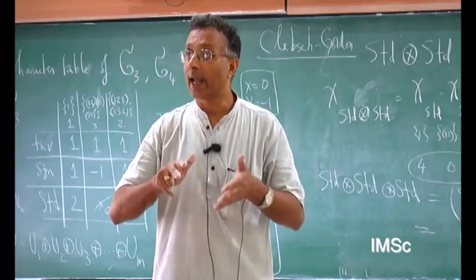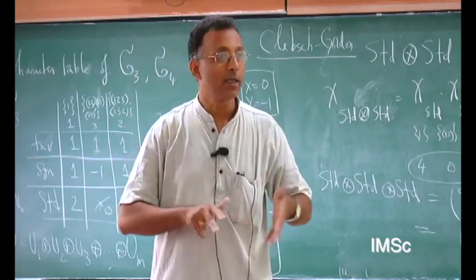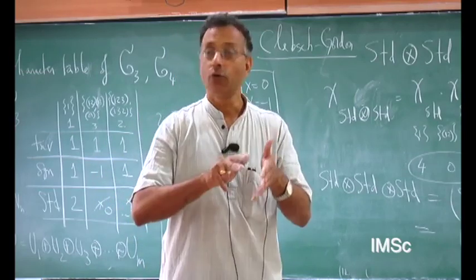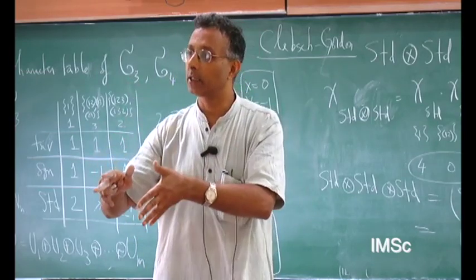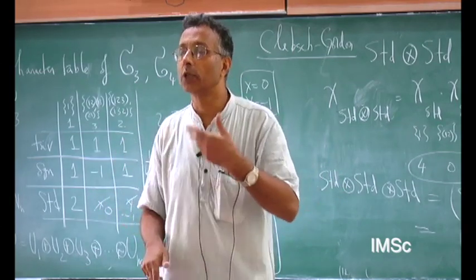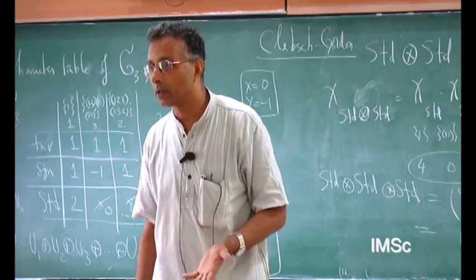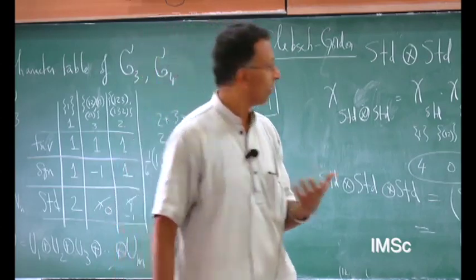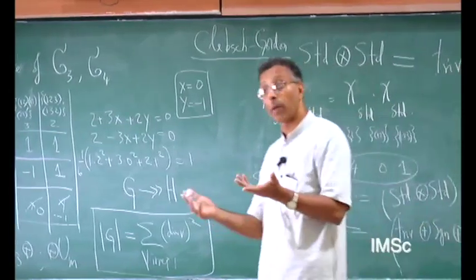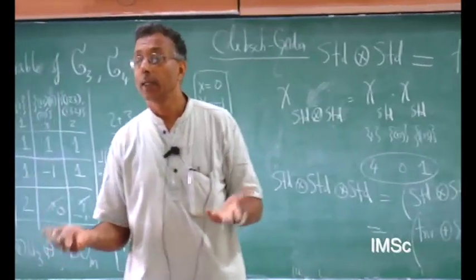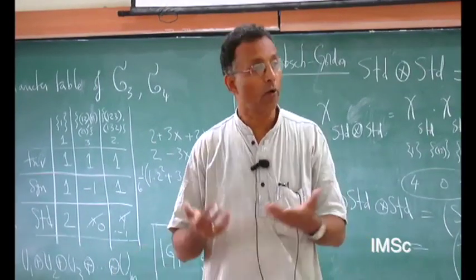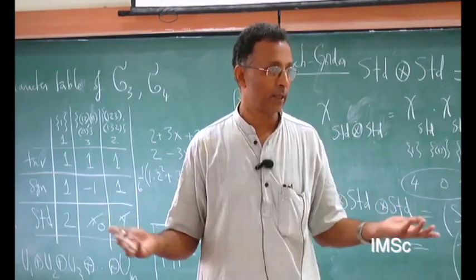So if V is a representation, Sym n of V is also a representation for G. So you could take Sym n of the standard representation of S3 and ask how it decomposes into irreducible representations. You take that character, you take the Sym n of that character, it may not be easy to compute, and then you have to see how it breaks up into irreducible representations. This often involves lots of beautiful mathematics.